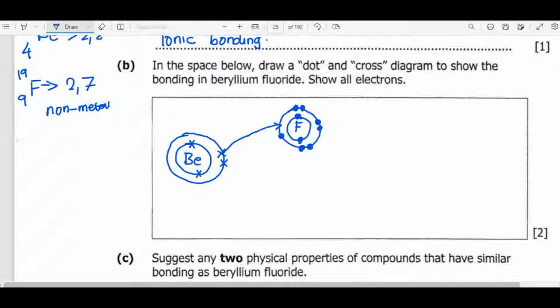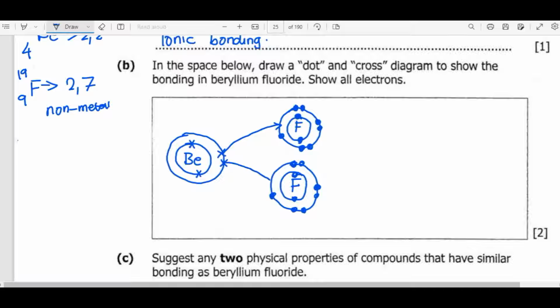Because for beryllium to be stable, it doesn't matter how many electrons the other nonmetal is receiving. If it is giving out 2, then it has to give 2. So since one atom of fluorine is not capable of getting the 2 electrons, we need 2 atoms of fluorine so that they can share the 2 electrons that must be given out.